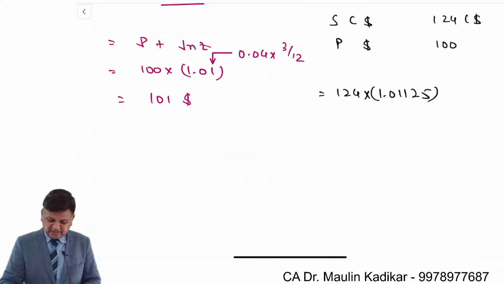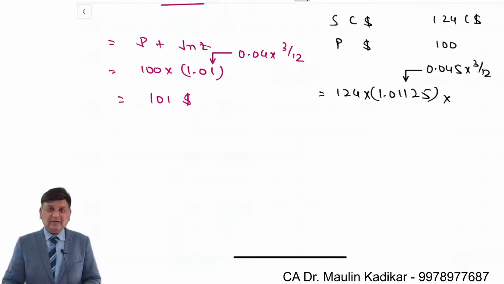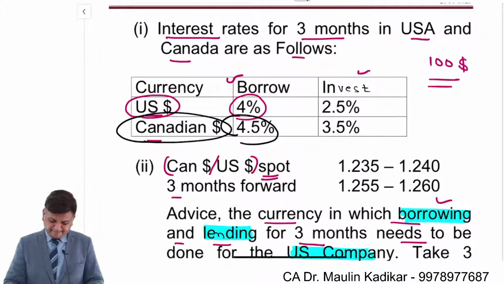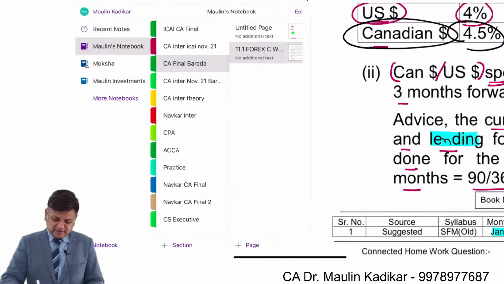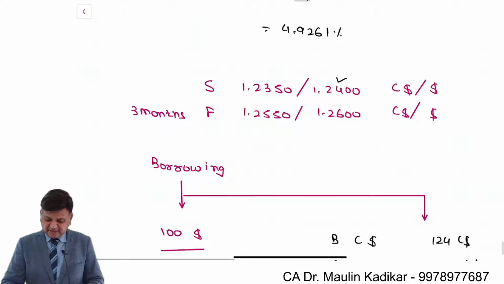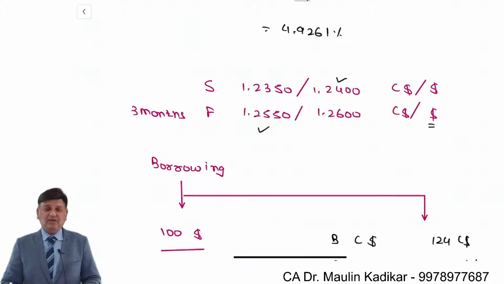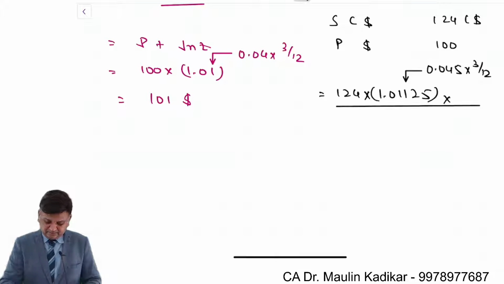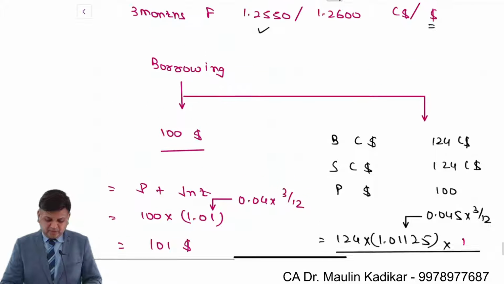So in that case, 124 into 0.045 into 3 divided by 12 gives the repayment of the loan in Canadian dollar. Then comes the sell of dollar and purchase of Canadian dollar, so you will get the lesser amount, multiplying by 1 divided by 1.255.